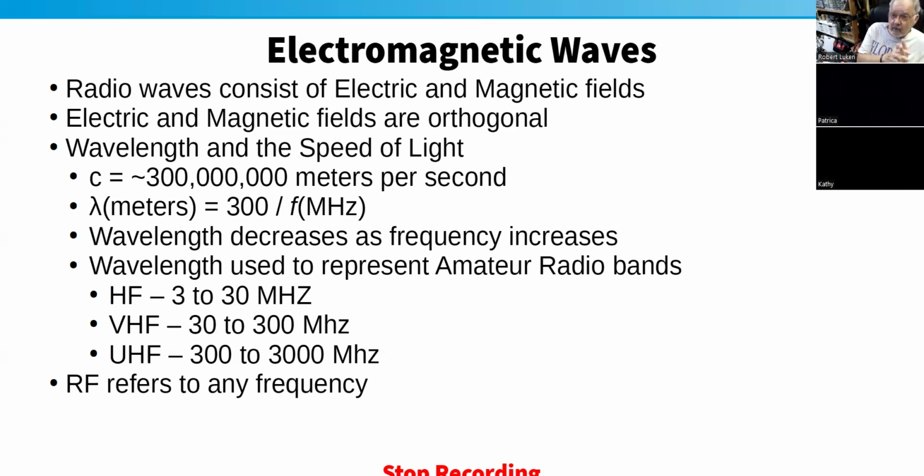So there's an LF, which would be 0.3 to 3 megahertz. And then there's a super HF, which would be 3,000 to 30,000. And the term RF really is referring to any frequency. There's nothing special about RF. It can be any of those.